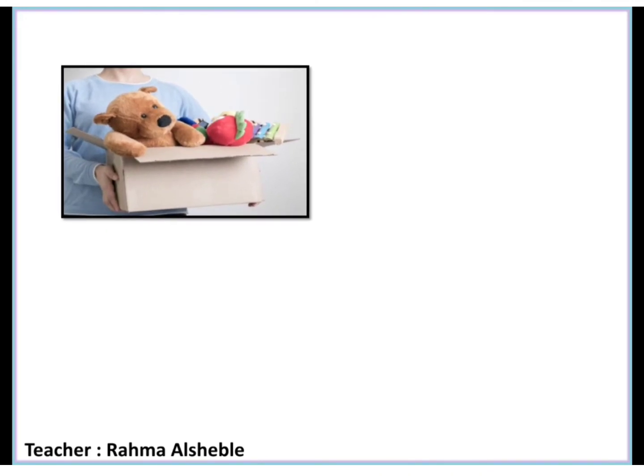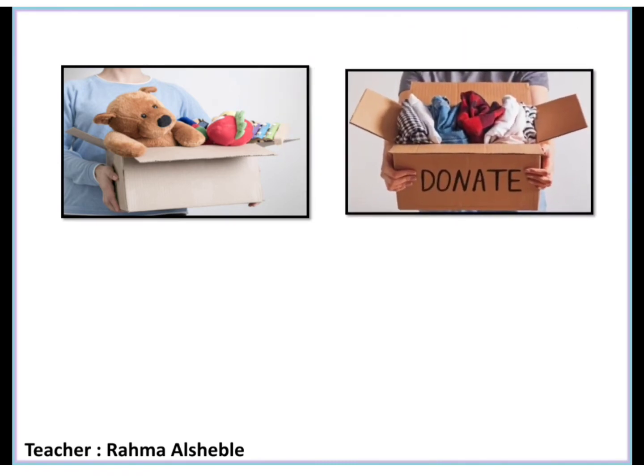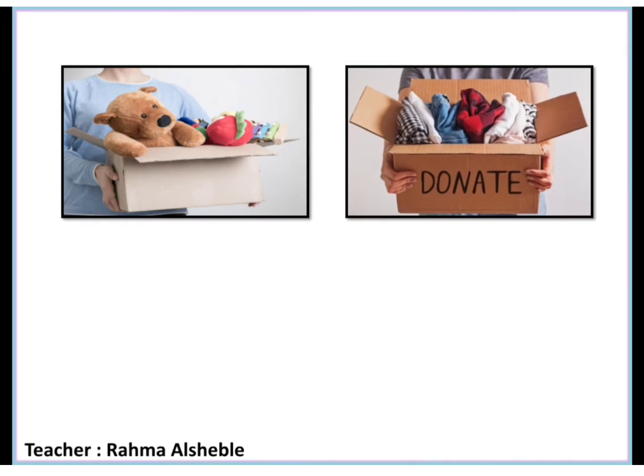So if you have a toy that is extra or you don't use and it is in a good case or shape، بحالة جيدة وانتم ما بتستخدموها، بتتبرعوا فيها to poor people in order to help them, okay, to other children. Or you can what also give your clothes, the clothes that you don't use.